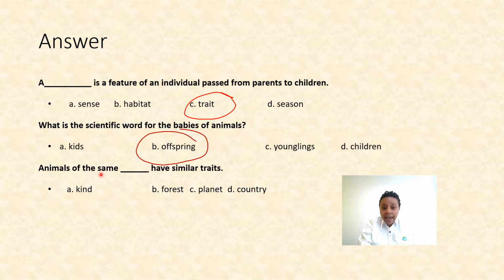Animals of the same have similar traits. Is it A, B, C, or D? Animals of the same kind have similar traits. Okay, good job.